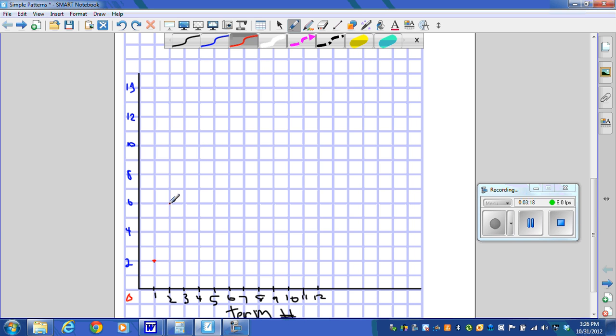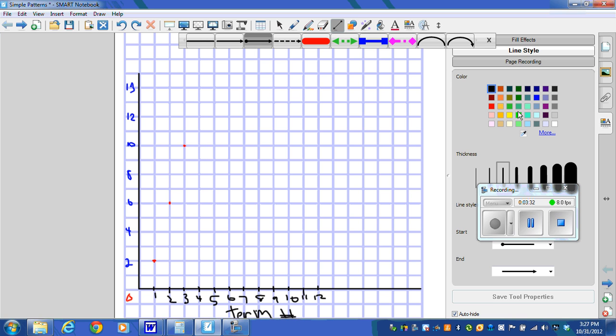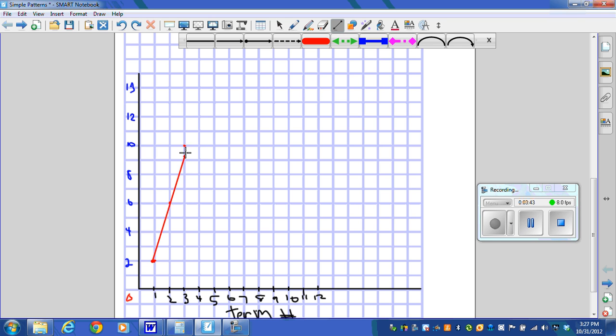Then I'm going to simply connect the lines. Let's use red for this one, and I'm going to connect those lines together, and so on.